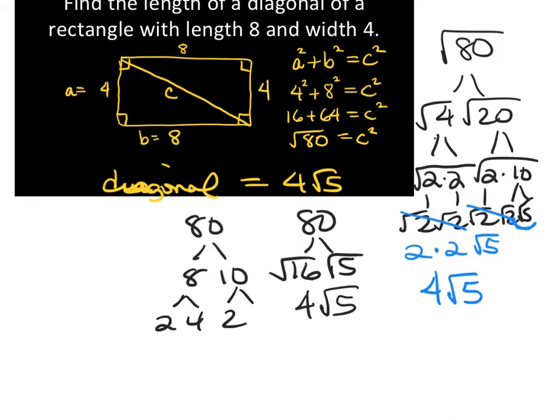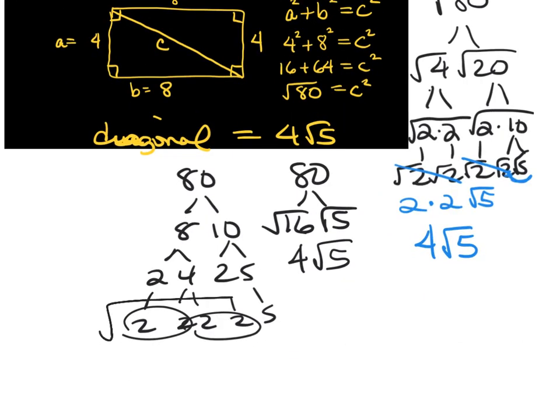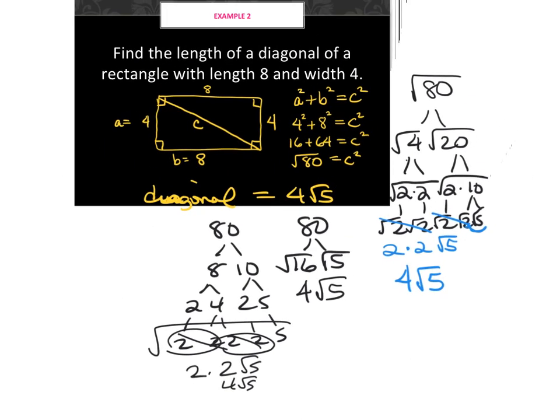It doesn't matter. You still get the same answer no matter how you break it down. Pair 2s, and then the 5 stays underneath. And you still get the same answer. So again, all answers need to be left in simplest radical form.